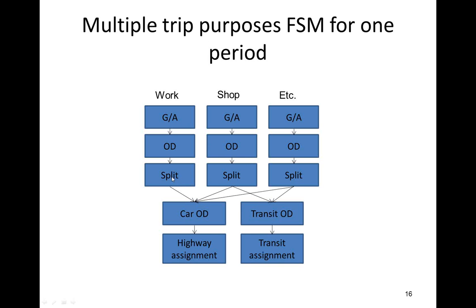And then after this step, trips are combined to a car OD and a transit OD, and finally the fourth step is done for each OD or origin destination. So car origin destination is loaded into the highway network for route choice, and the transit origin destination is loaded into the transit network for transit assignment. And that's essentially the end of the four-step model.